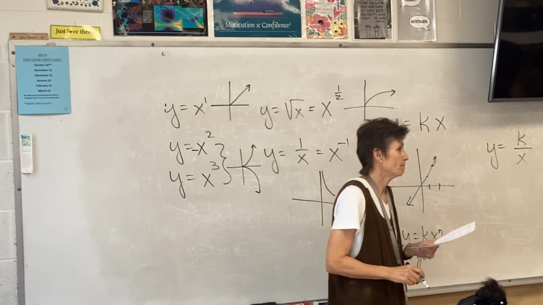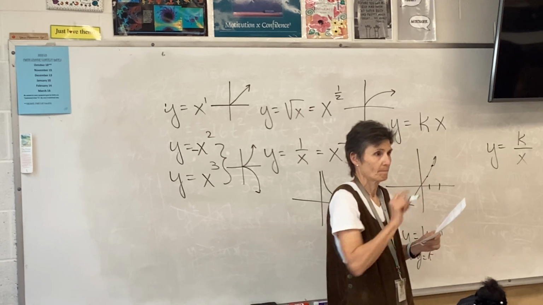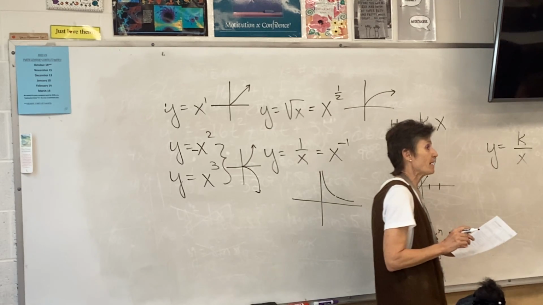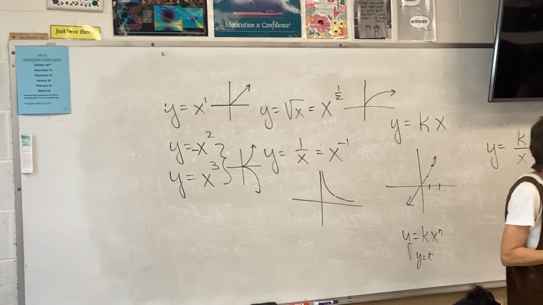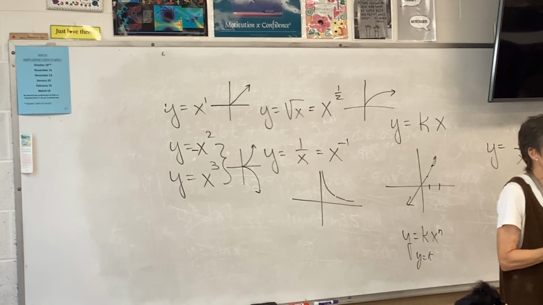Who knows what 39 is? Is it D? It is D. Why is 39 D? Because the exponent is between 0 and 1. Okay? How about 40? Who's got an idea for 40?